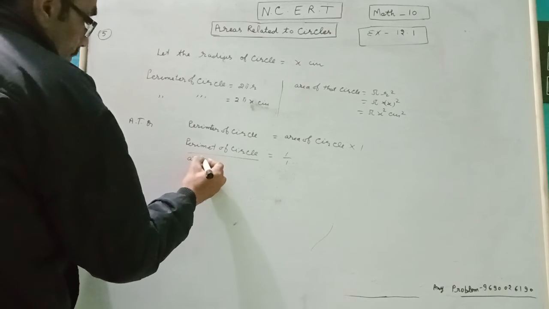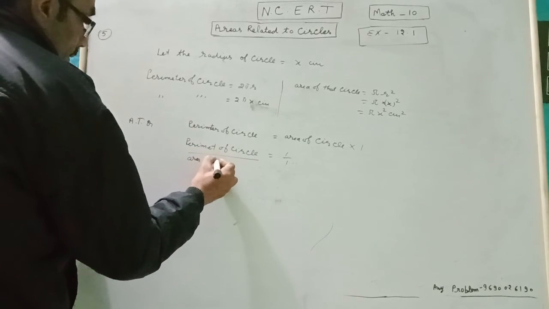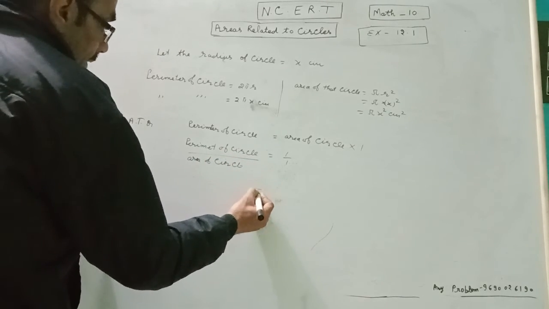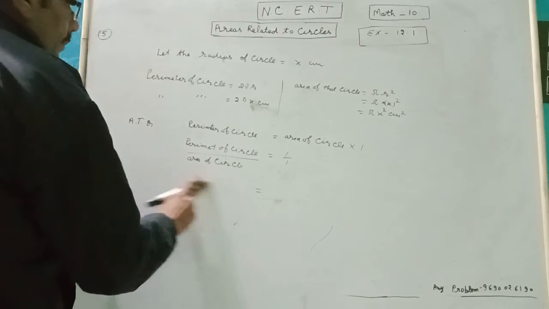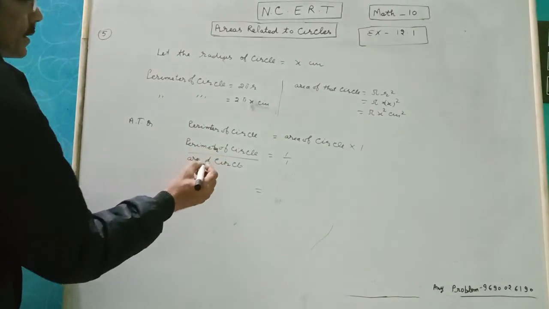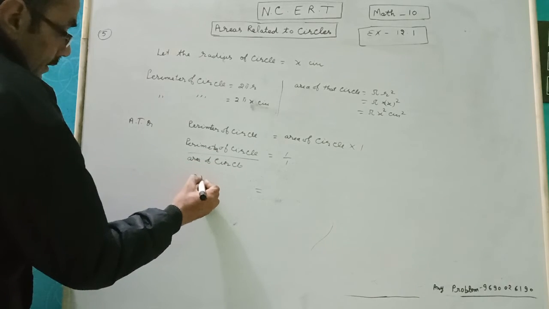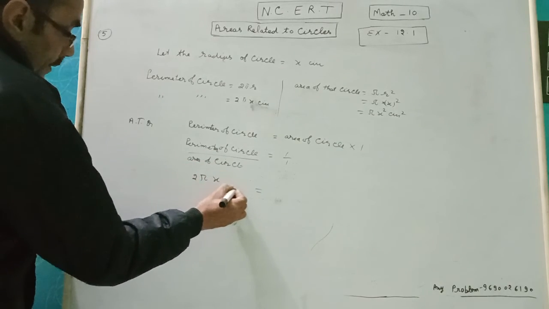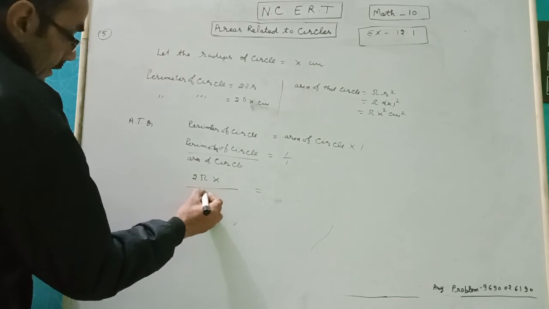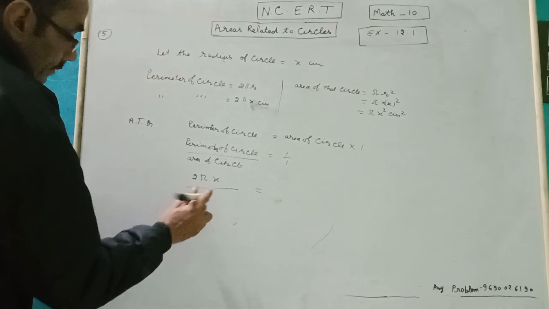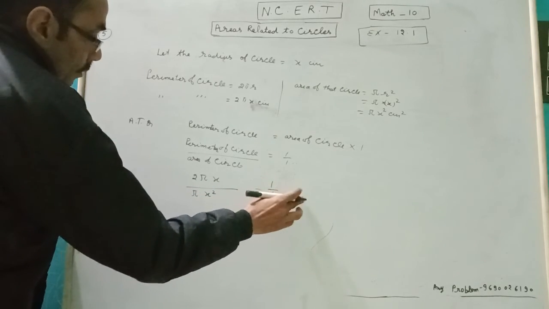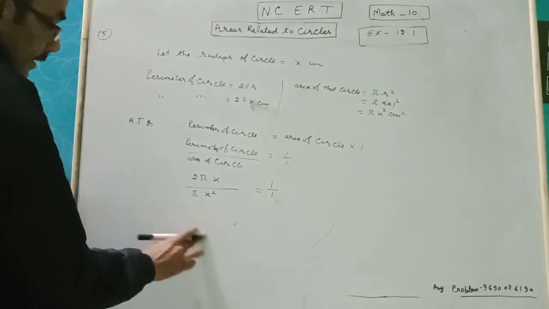We find the circumference or perimeter, 2 pi x cm, and the area, pi x square. 1 upon 1 is a number.